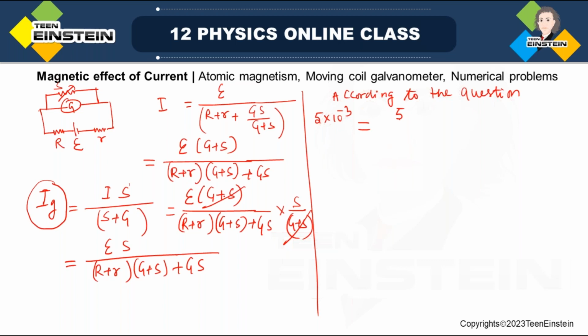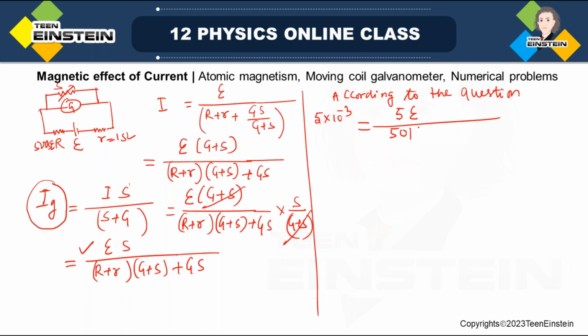Now if we take the first observation, 5 ohm shunt, then 5 milliampere current, Ig. So 5 milliampere Ig, then we put this here. So 5 into E divided by R plus small r; we can write it down directly. Small r is 1 ohm, capital R is 500 ohm. So this is 500 plus 1, that is 501.